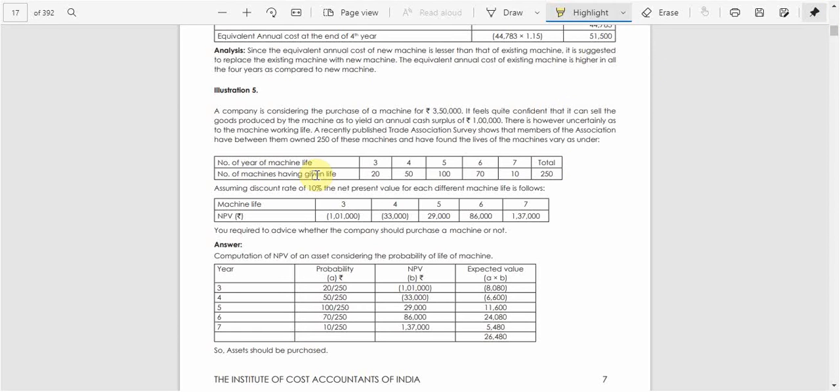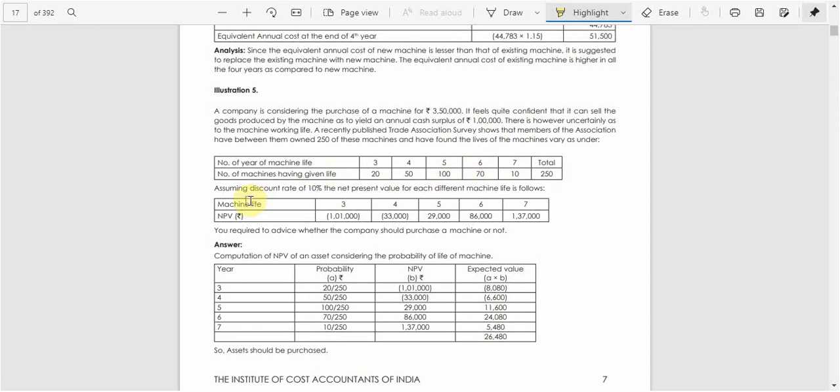Number of years of machine life: 3, 4, 5, 6, 7, and the number of machines having the given life. For 3 years the number of machines is 20. For 4 years it is 50 machines. Like that, this table is given, and for the total of 250 machines, this is the segregation.